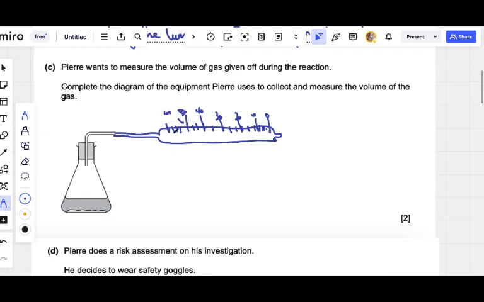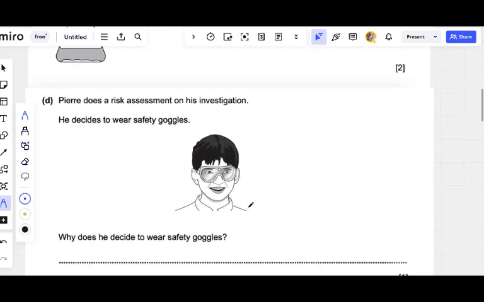So the volume will be measured over here. So you just do something like this and you get these marks. And let's move to the next one.